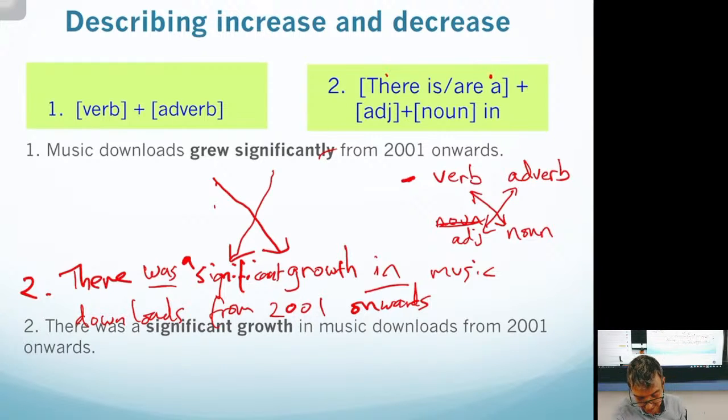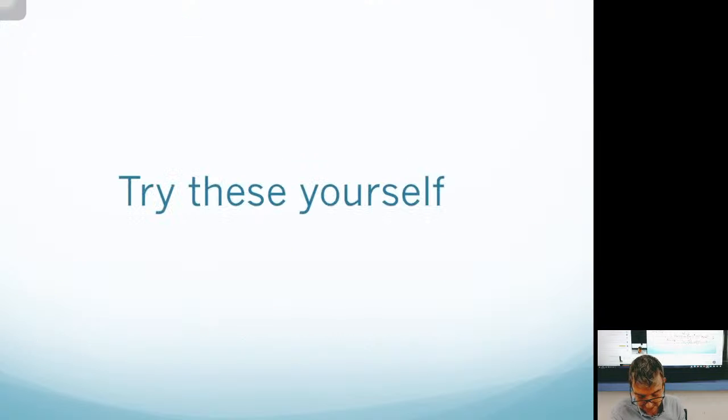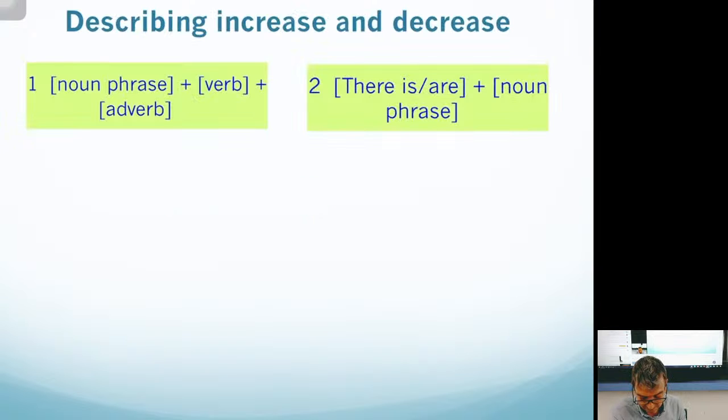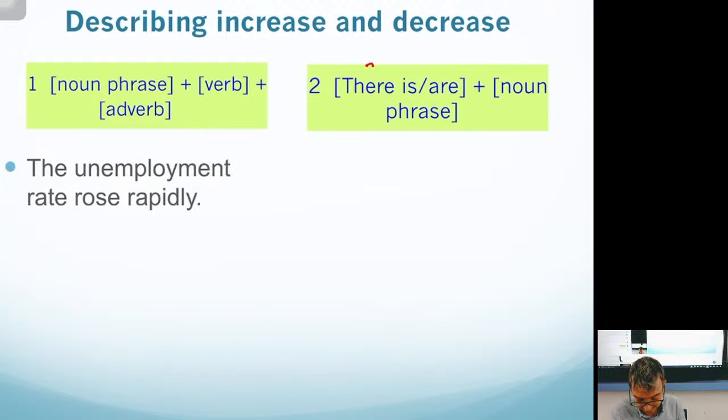All right, so those are a couple of examples then. So let's see if you can do this by yourself. So try these. So remember how to change verb and adverb to adjective and noun.